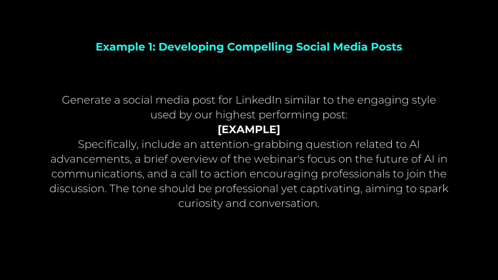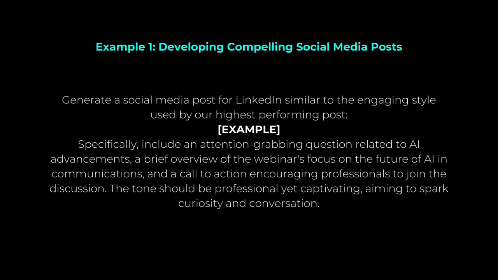So for this one, what we're going to do is paste a prompt that says generate a social media post for LinkedIn, similar to the engaging style used by our highest performing post. And here I have a place for an example. Then I go on to say specifically include an attention grabbing question related to AI advancements, a brief overview of the webinar's focus on the future of AI in communications, and a call to action encouraging professionals to join the discussion.